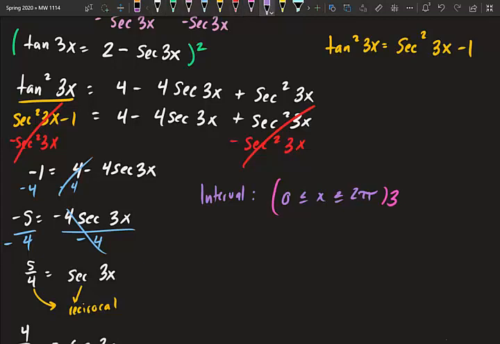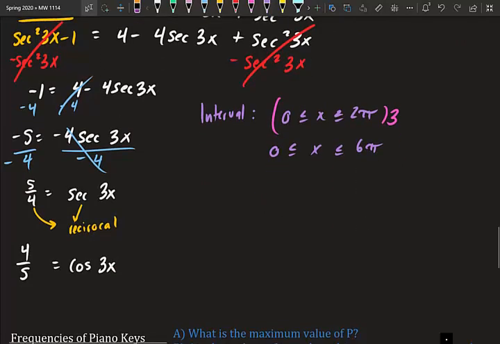So the interval we're now working with is 0 to 6 pi. Since cosine is positive, we know our answers are going to be in quadrant 1 and quadrant 4.